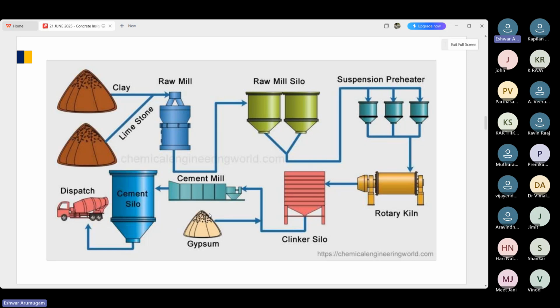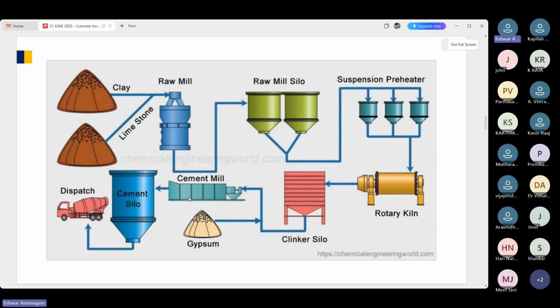From here on, clinker is fed into the cement mill and it is mixed with either gypsum, fly ash, or slag, in various proportions, depending on what kind of cement you want to make. It is mixed, fed into the silo, and then dispatched to the end user industry. Why is the clinker mixed with fly ash, gypsum, or slag?